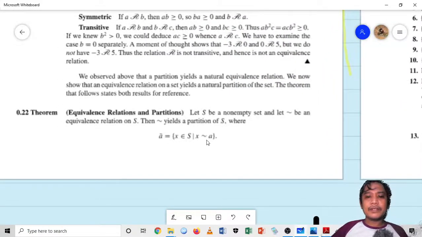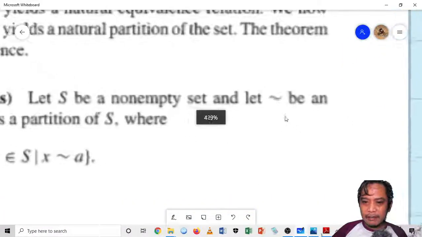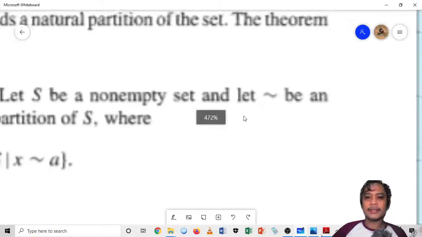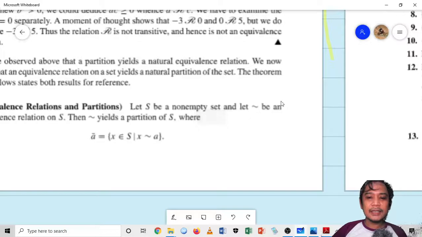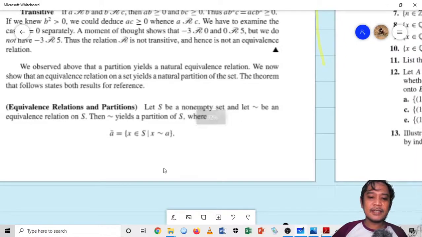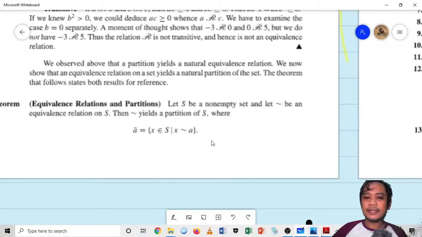Here we have our first theorem of the subject, stating that let S be a non-empty set and this symbol be an equivalence relation on S. Okay? That is the similar symbol. See that? But that doesn't mean similarity in this context. Just an arbitrary relation.